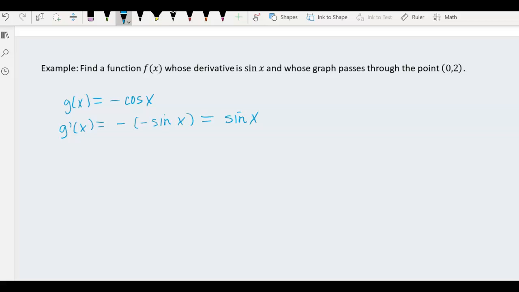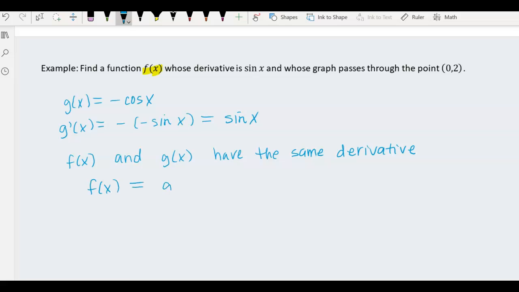So this original function, f of x, and g of x, this new one we just found, have the same derivative. So thinking about corollary 2 that we just found, we know that f of x has to be g of x potentially plus some constant, or negative cosine x plus c.